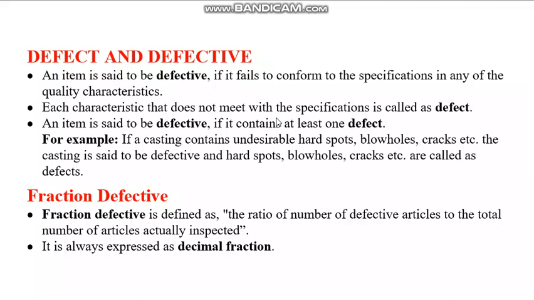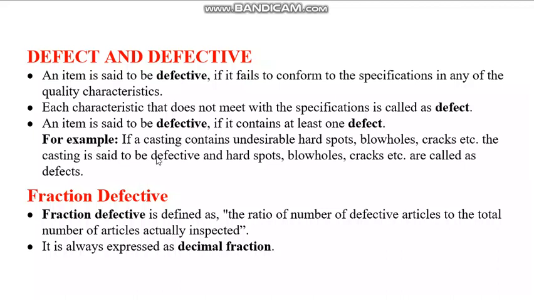So an item is said to be defective if it contains even one defect. Even if it has one defect, we can call that item, article, workpiece, or finished object a defective object.